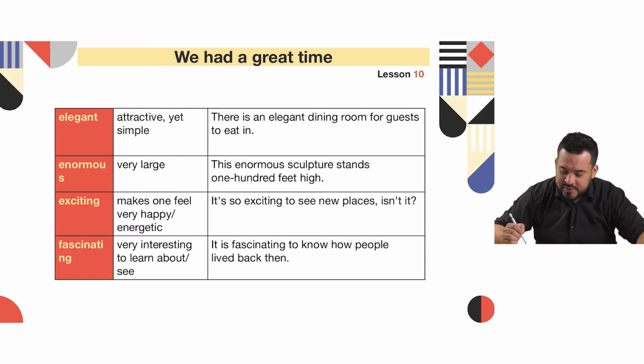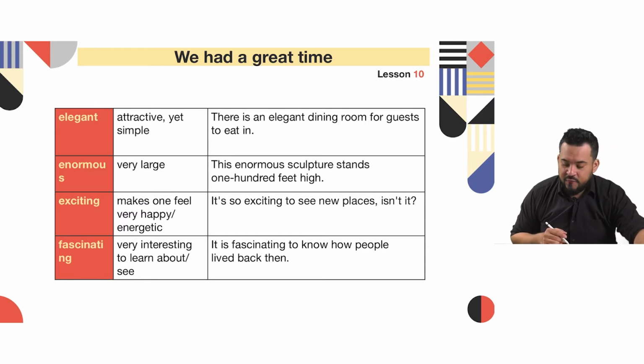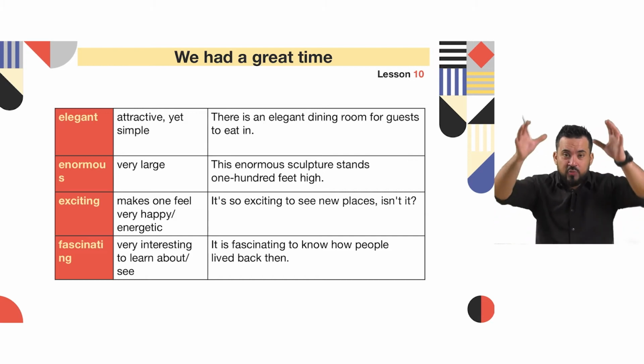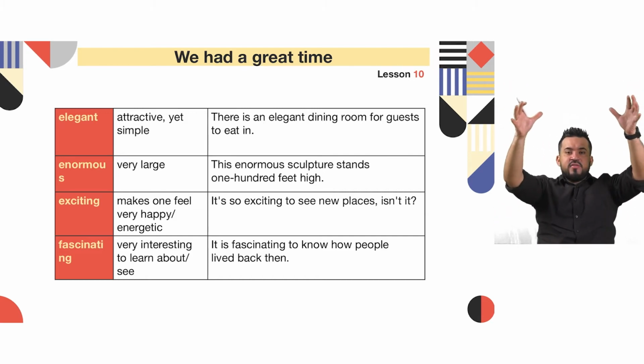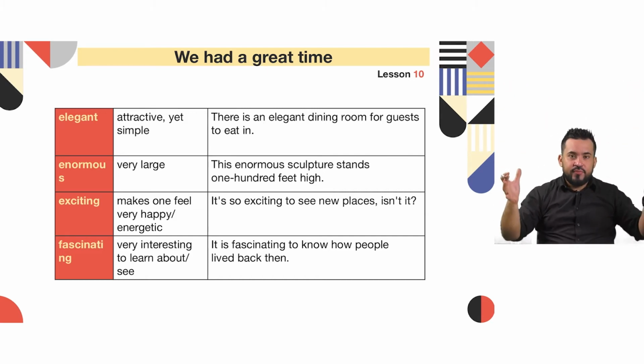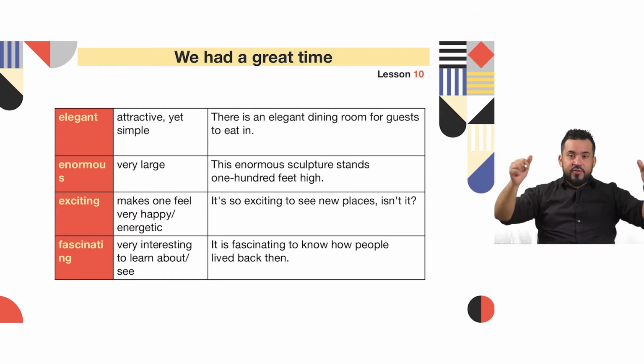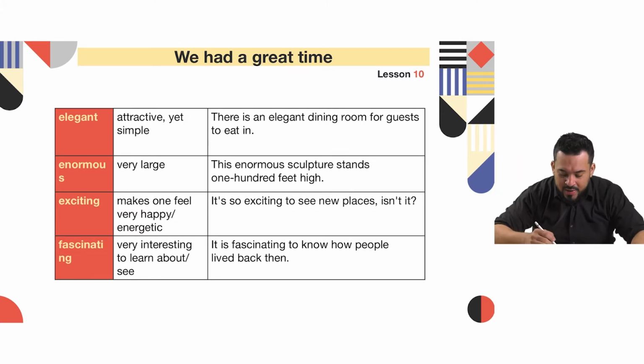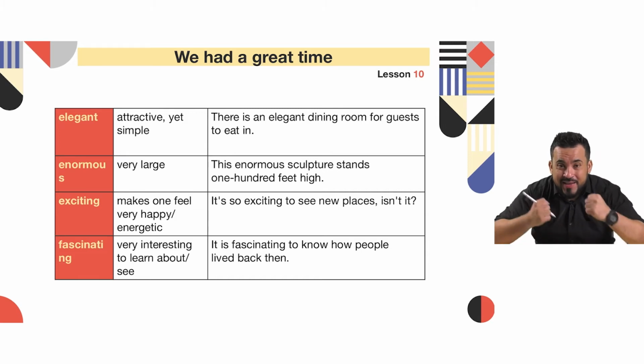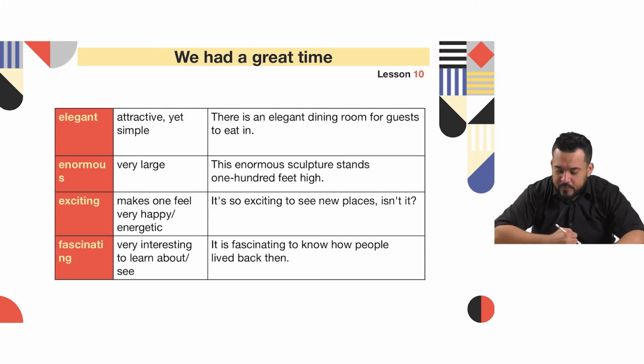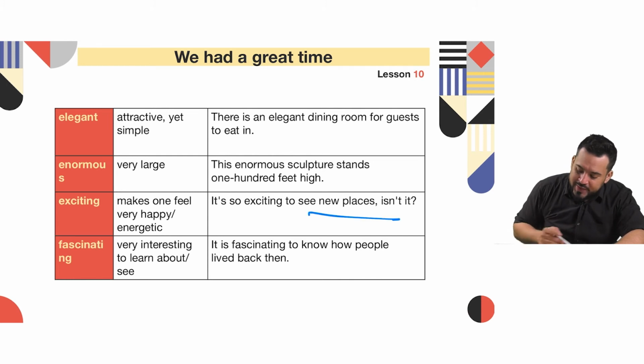This enormous sculpture stands 100 feet high. A sculpture is something that was sculpted, like a statue, like the Statue of Liberty in New York. Exciting makes one feel very happy and energetic. It is so exciting to see new places.